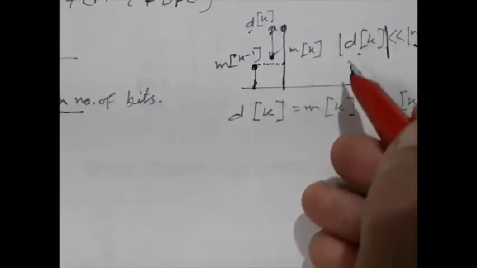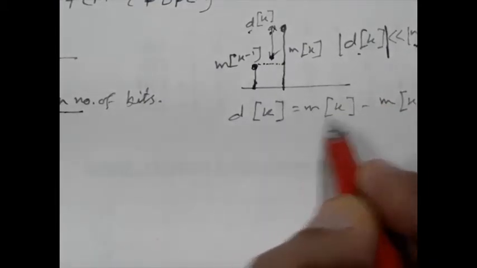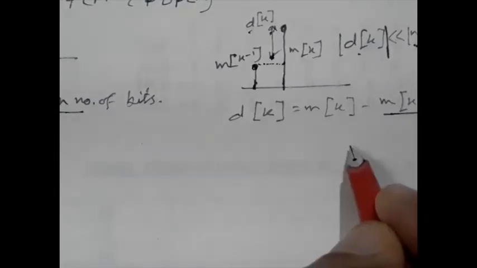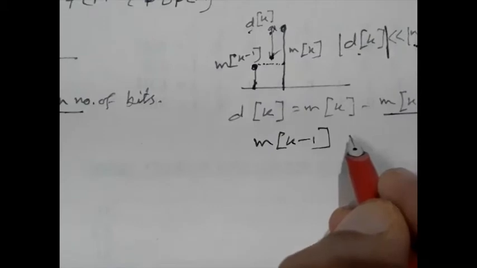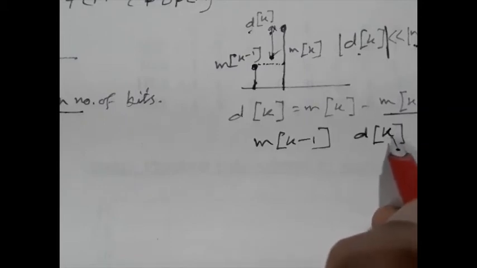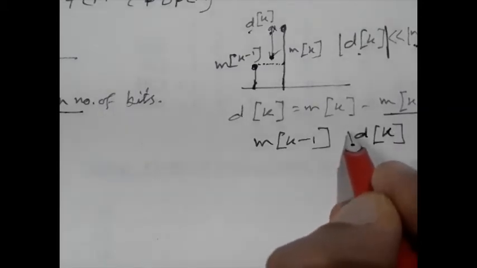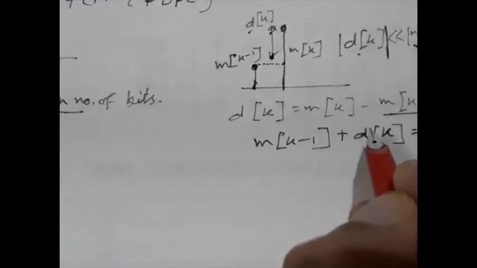Now what will the receiver do? The receiver has already got mk minus 1. So the receiver has the information of the previous sample. Instead of receiving the current sample, the receiver has received the difference between them.